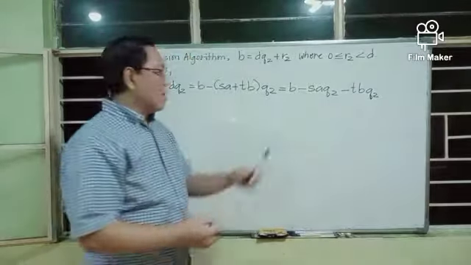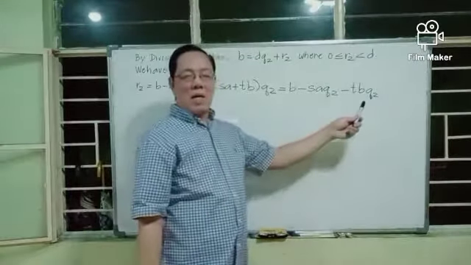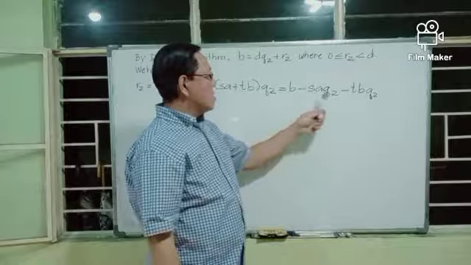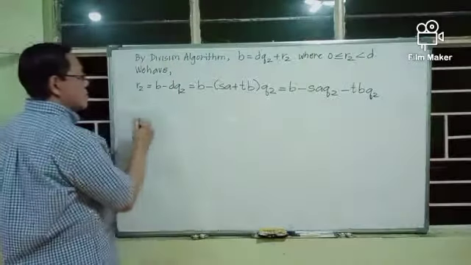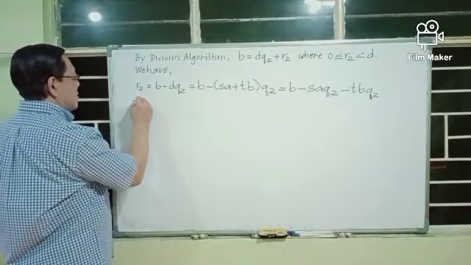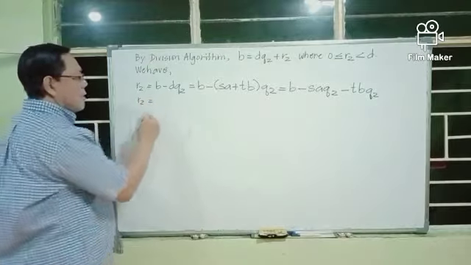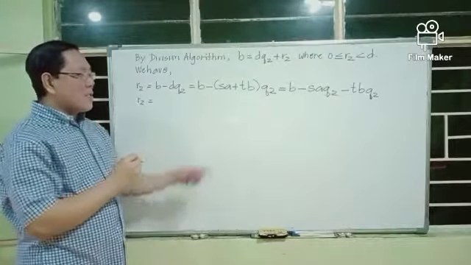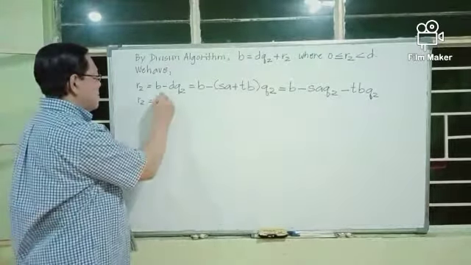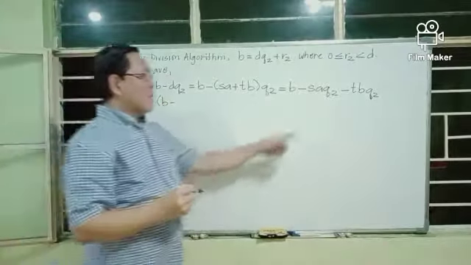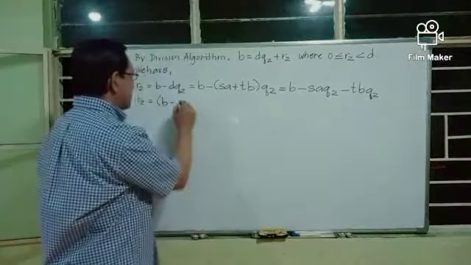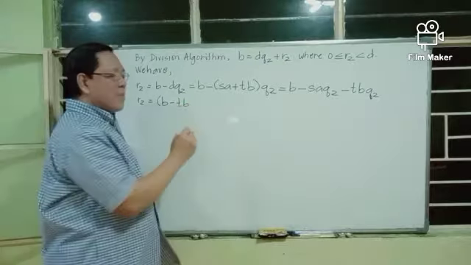And we collect the first and last terms because they have common factor B. R2 now is equal to the first term B minus the last term TBQ2.